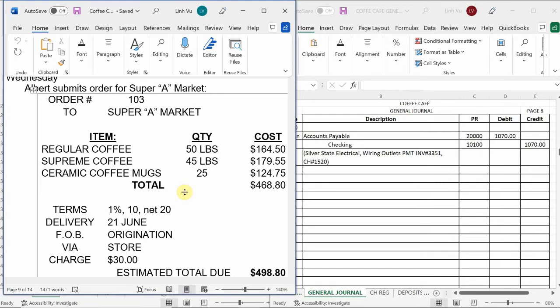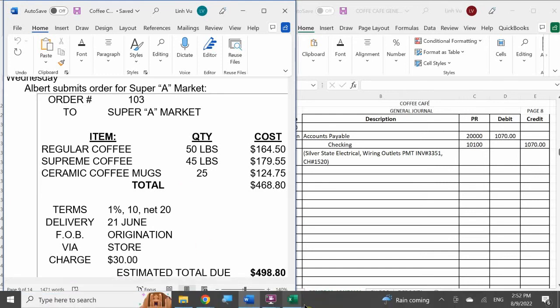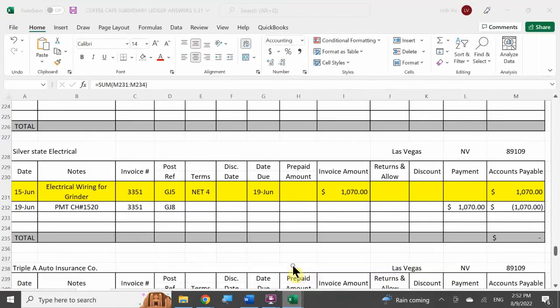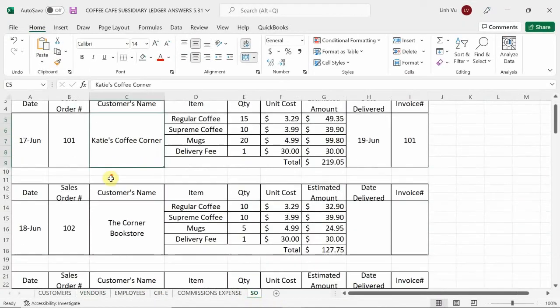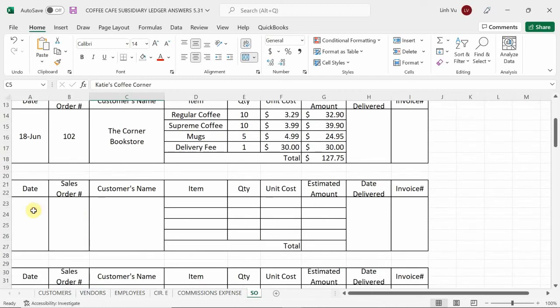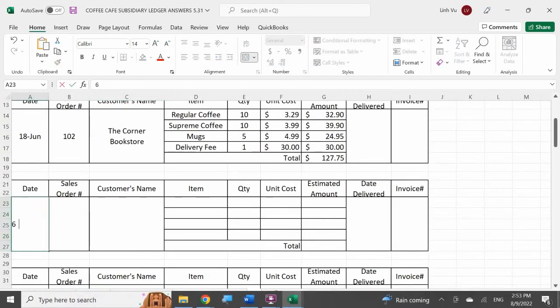We don't need to post it, but we need to update the sales order. Yep, we're going to put this into our sales order, because we have another order. Today is the 19th. Sales order 103. To whom are we going to be setting up the sales order for?